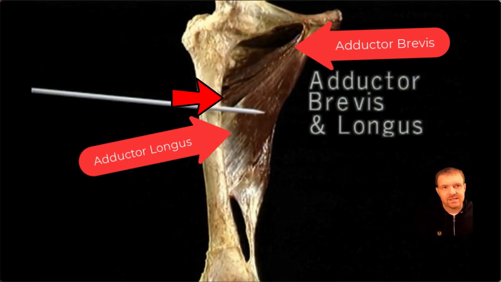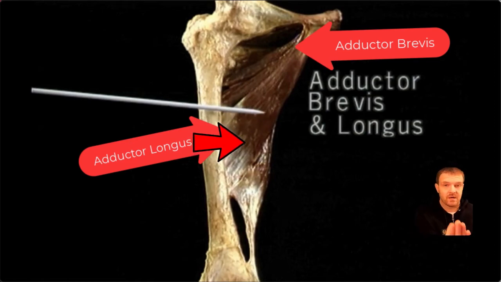So you've got brevis just there, and then longus there with magnus tucked behind it. Okay, so hopefully you can work out now why magnus helps with extension. It's because of the position of it, because it's right at the back of the adductors, and those posterior fibers of magnus will help to extend the hip.